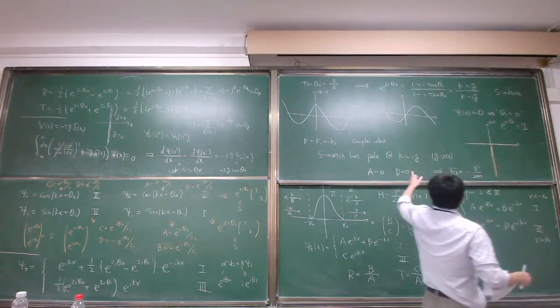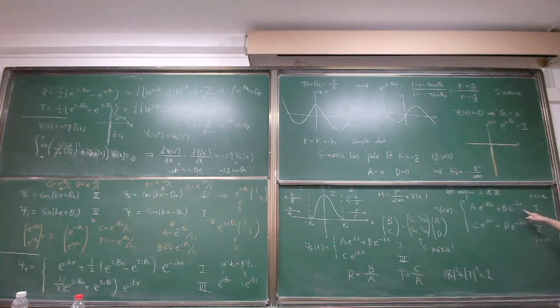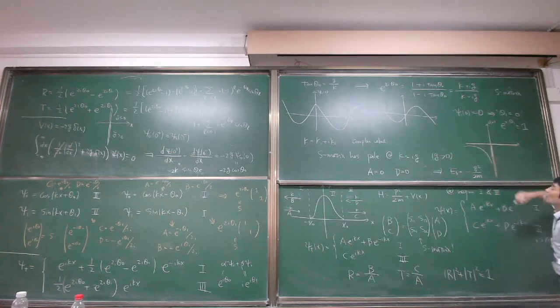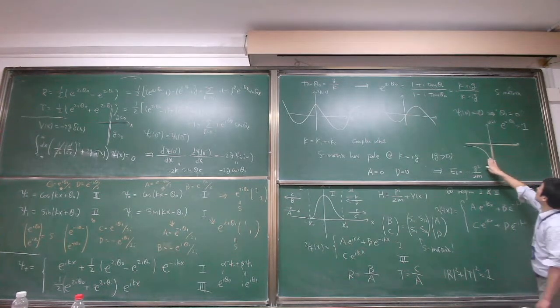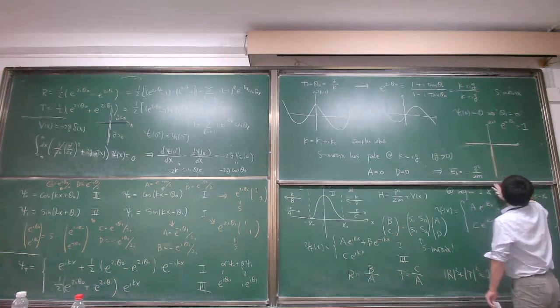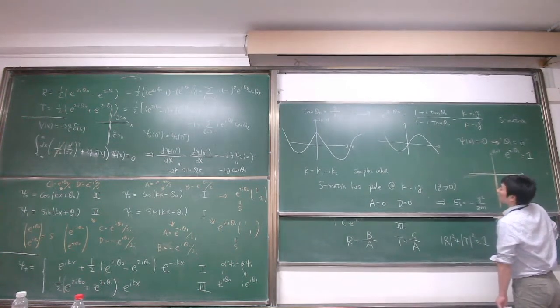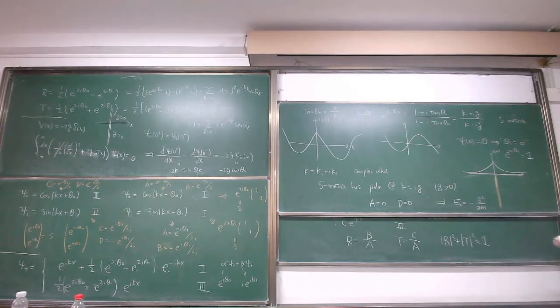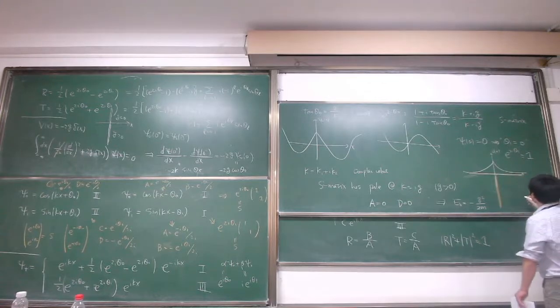If you plug this value in, the wave function takes the following form, something like this. That's the form of the wave function. Therefore, this state is trapped, attracted by this delta function force, and can be understood as a bound state.